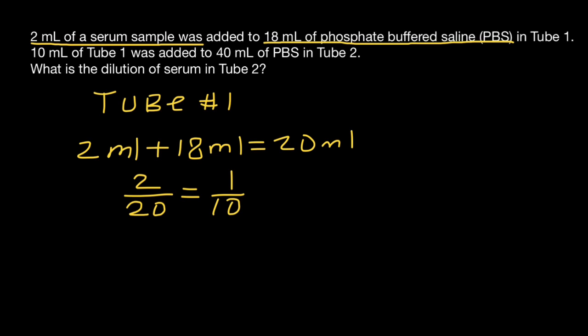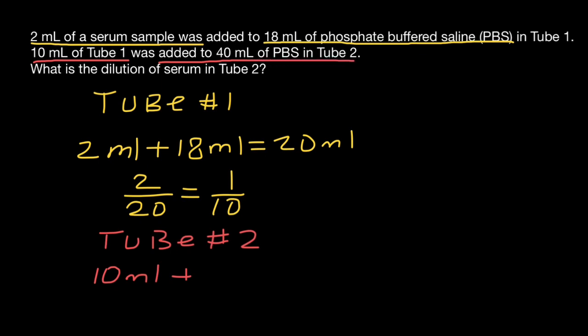As for the second tube, so tube number 2, we took 10 milliliters from the tube number 1, plus we added 40 milliliters of the PBS, so plus 40 milliliters would give us 50 milliliters.